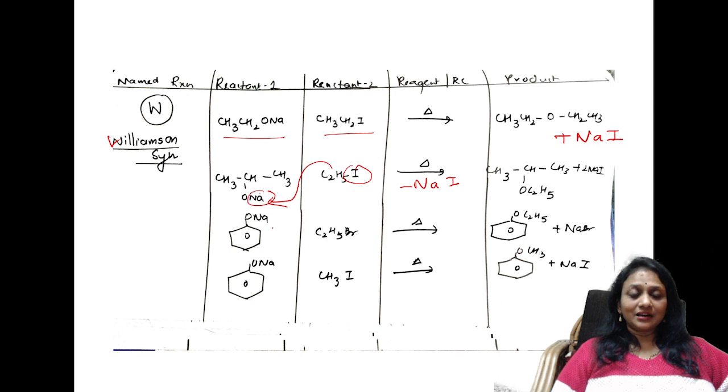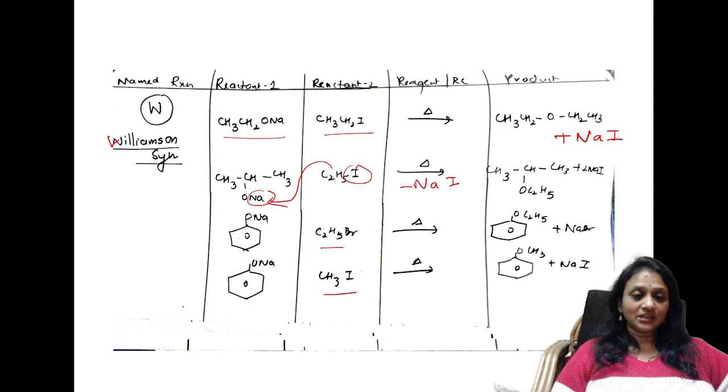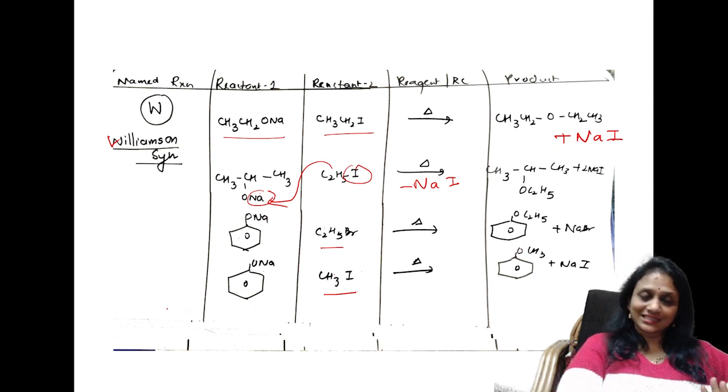If you have aryl, bulkier alkoxides, and primary alkyl halides, when you're heating together, the sodium comes out as NaBr and ethyl goes and adds to that. Yeah, that's the concept. Suppose if you have the same aryl alkoxide and methyl group, same thing, NaI comes out and you'll be getting the aryl ether. Got it? So Williamson synthesis, that is the concept.